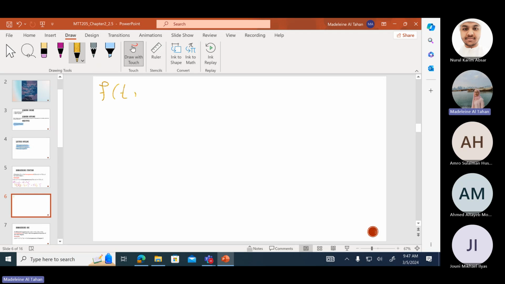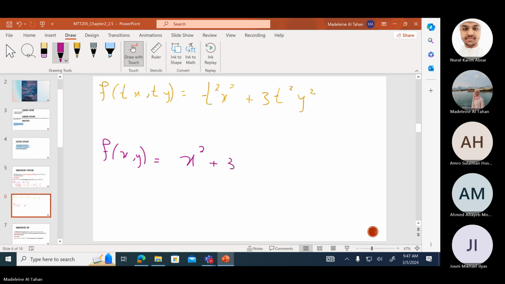f(tx, ty) is equal to, expanding it, t squared x squared plus 3 t squared y squared, right? What was f(x, y)? x squared plus 3y squared, right? This one that is here, can we write it as t squared into x squared plus 3y squared? Are we able to take t squared common?